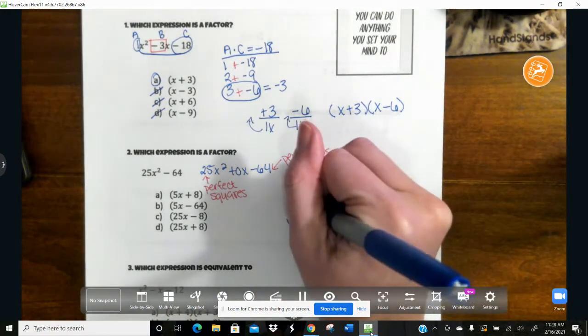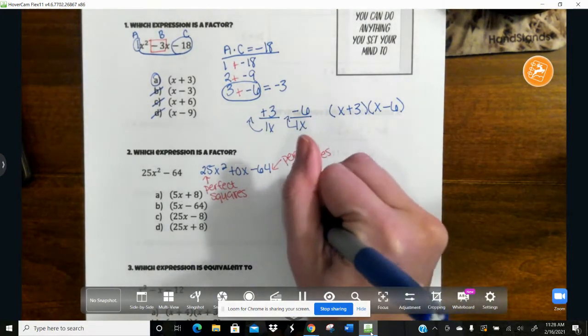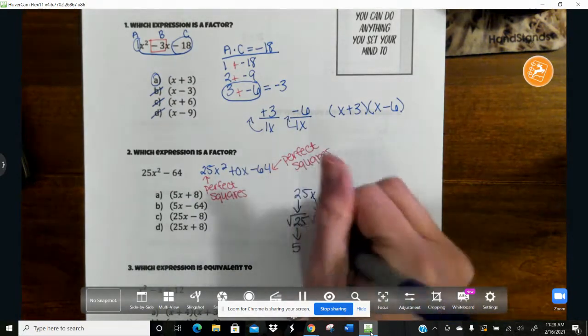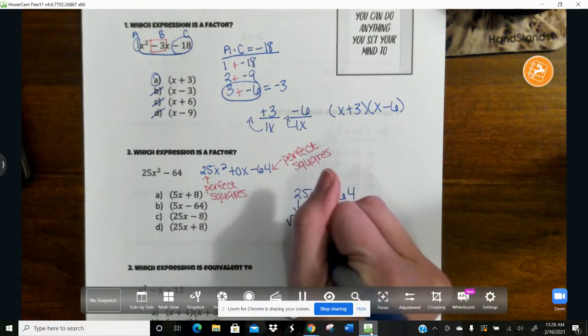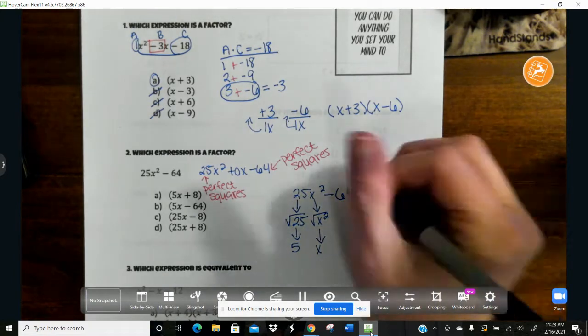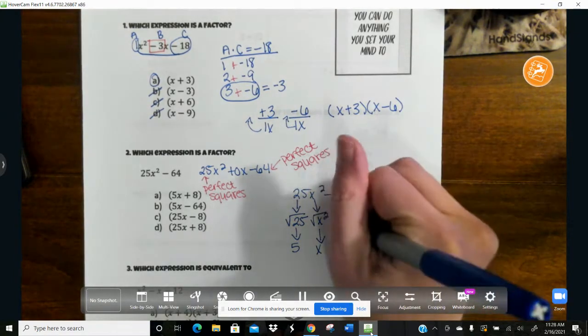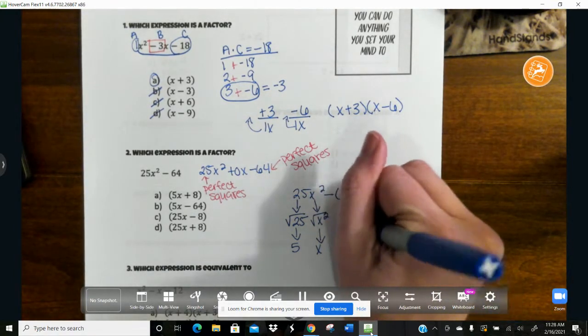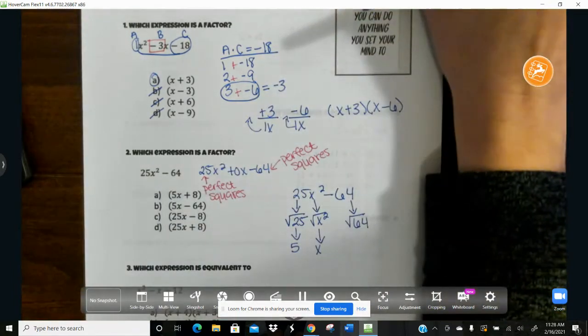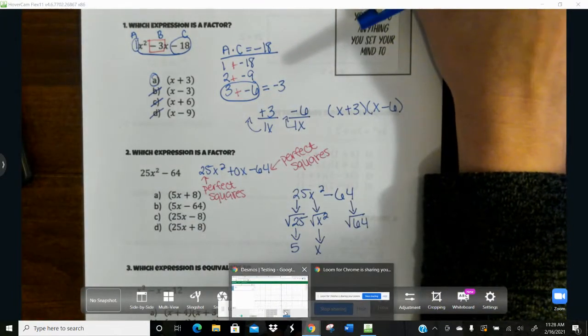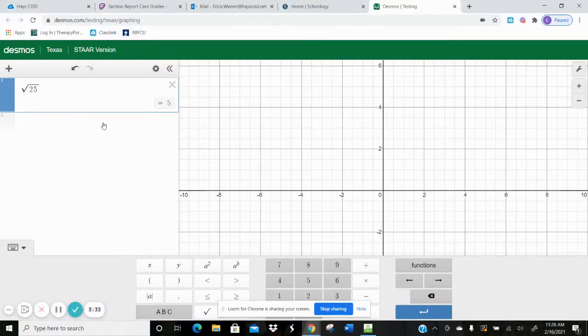Okay, then I'm going to take the square root of x squared, which is just going to give me an x. So I'm going to have 5x. Then I'm going to take the square root of a positive 64 because you can't take the square root of a negative. So when I take the square root of a positive 64, I get 8.